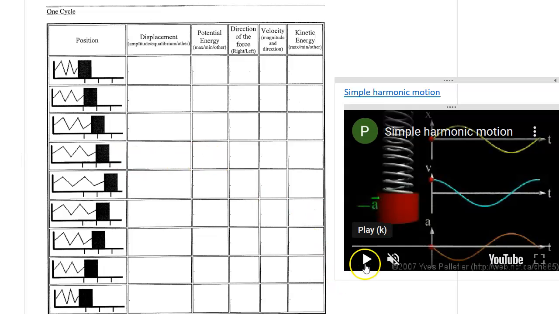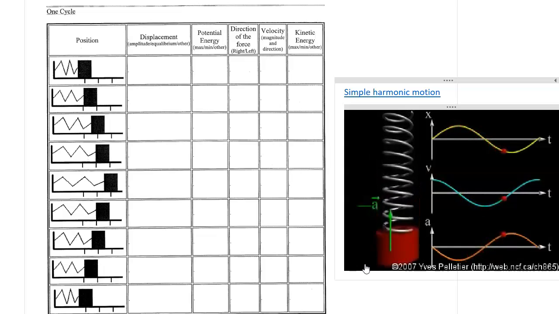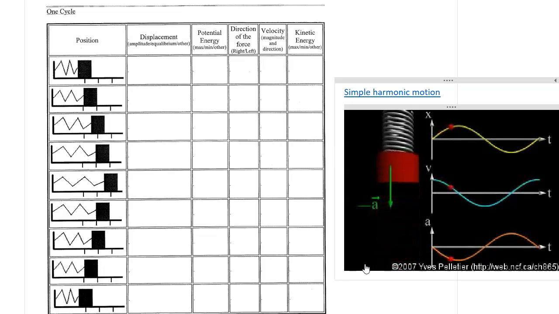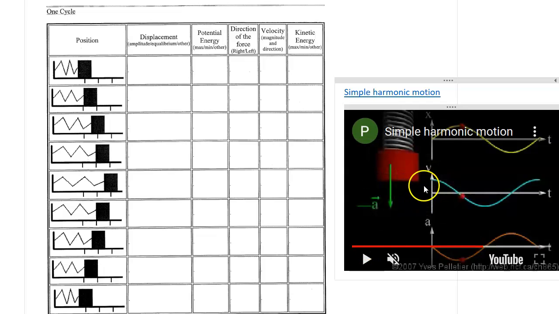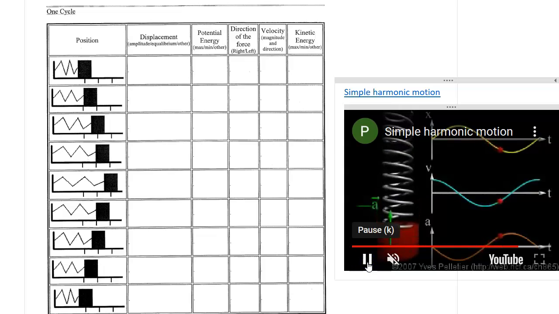You may remember this video where an object, as it moves back and forth, we see changes in acceleration and changes in velocity. At the equilibrium position is where we will see the maximum velocity and the least force, because we've got the least displacement, or the least acceleration, I should say, according to the graph.